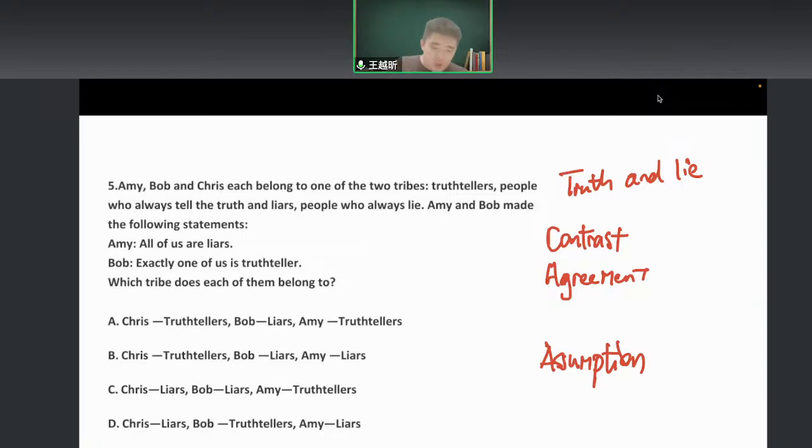I'm going to ask you one question. Amy and Bob, the 2 statements here, are they in contrast? Do we have a contradiction in Amy's statement and Bob's statement?